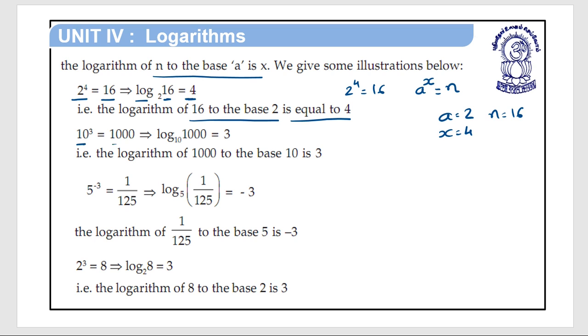Now 10 cubed is equal to 1000. Also compare with a raised to x is equal to n. a is equal to 10, x is equal to 3 and n is equal to 1000.